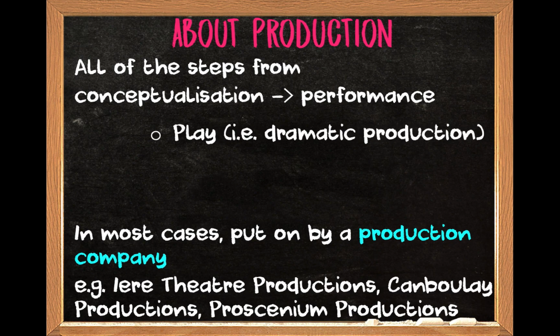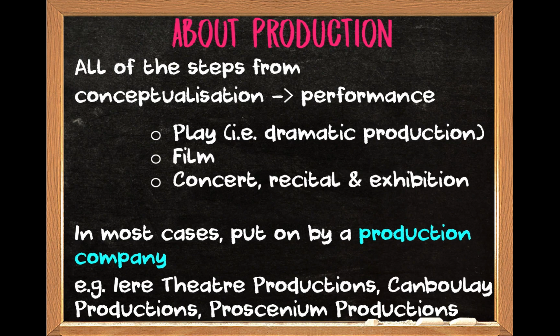So, what kinds of productions might we have? We might have plays, we might have films, film productions, we might have shows, concerts, and we might have a dance production. So, for our purposes today, we are going to use a theater production as the example.